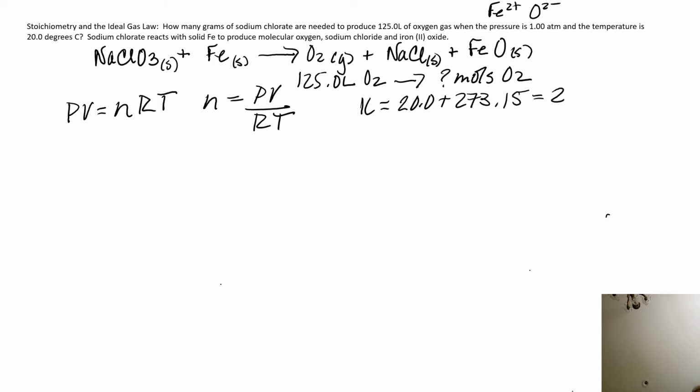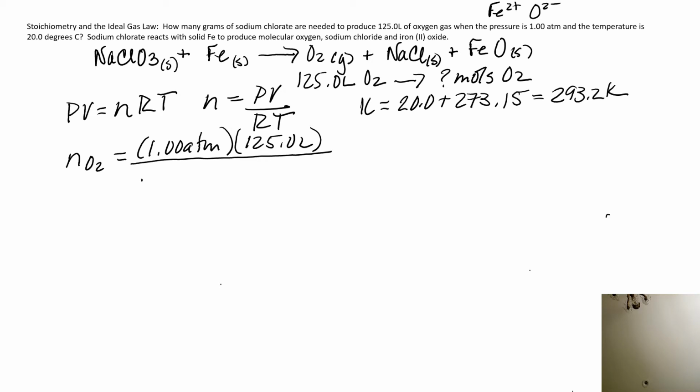So we have 293.2 K. So number of moles of O2 are pressure of, what was it, 1 atmosphere times volume, 125.0 liters, divided by the universal gas constant, times our temperature in Kelvin.